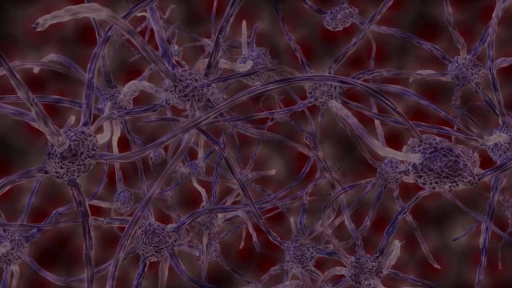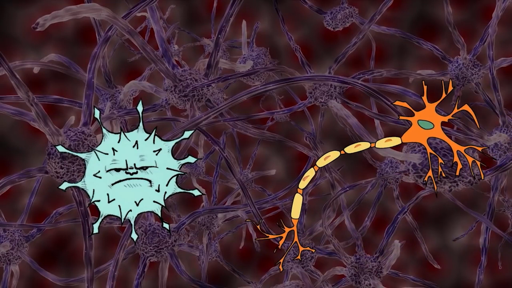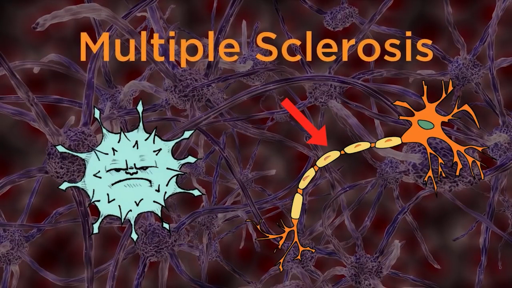Also, sequences on the Epstein-Barr virus share similarities with sequences on the myelin protein, which is like the insulation sheath that goes around the nerves. When the body confuses these two, it results in multiple sclerosis, the attacking of the myelin sheath around the nerves.